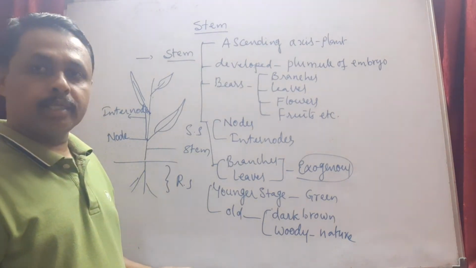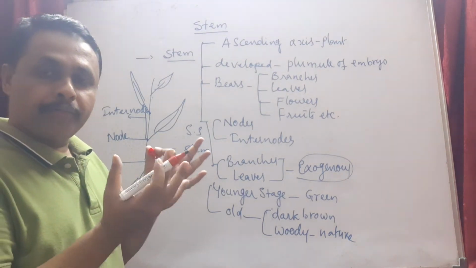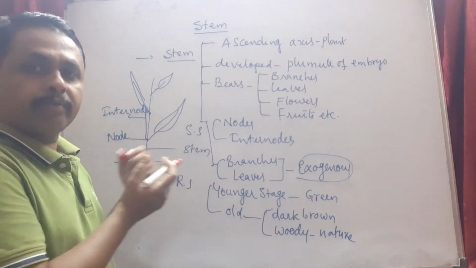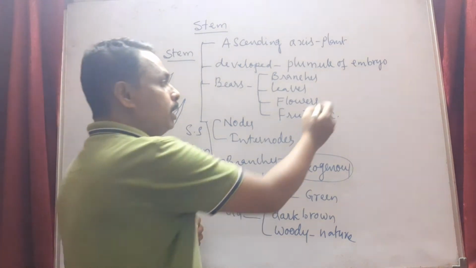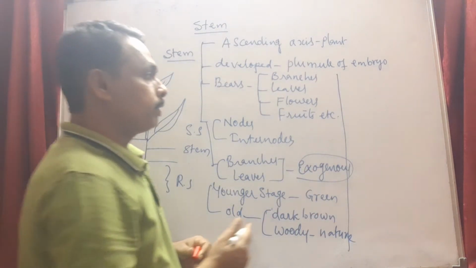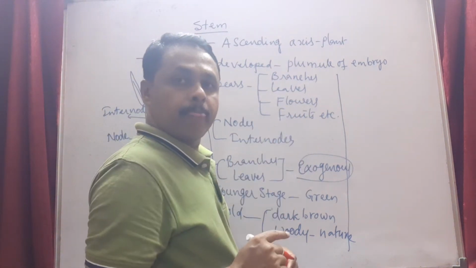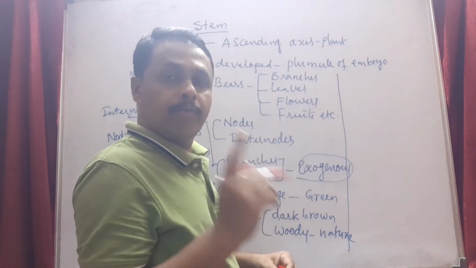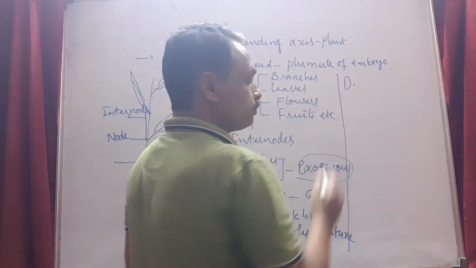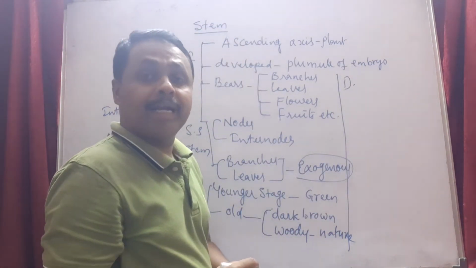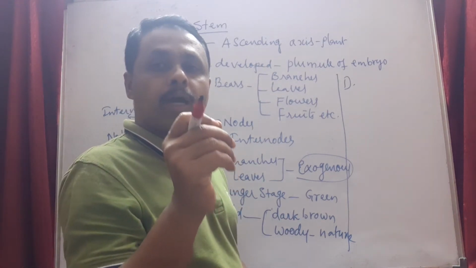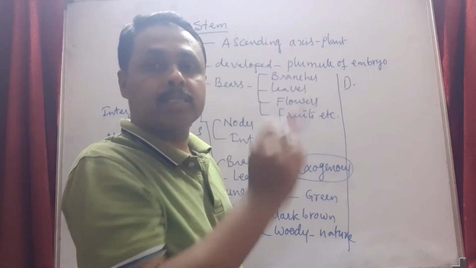Now, what are the functions performed by the stem? The first function is that the stem is involved in conduction of water and mineral salts from the root to all parts of the plant.